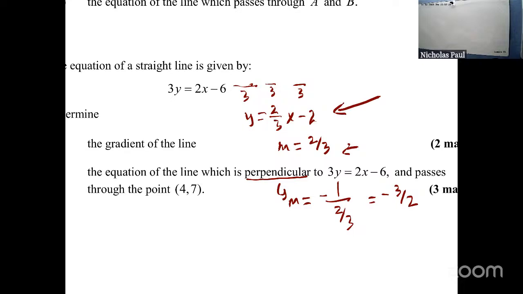Right, go ahead. Find the new equation now. What's the point you're using, Shakira? What is the x and y value you're using to find the equation of the perpendicular line?